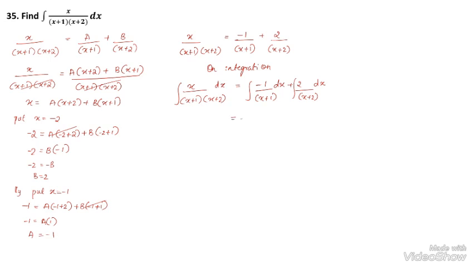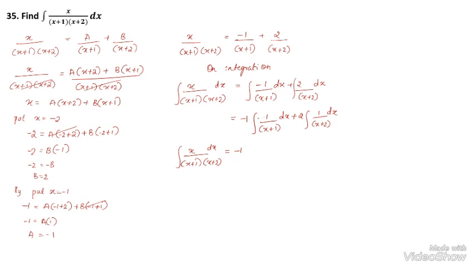Then taking minus 1 common, minus 1 into the integral of 1 divided by (x plus 1) dx plus 2 into the integral of 1 divided by (x plus 2) dx. Here minus 1 is a constant.